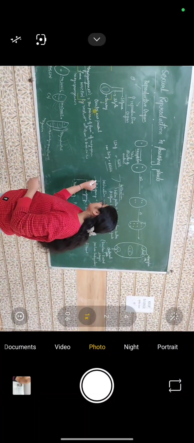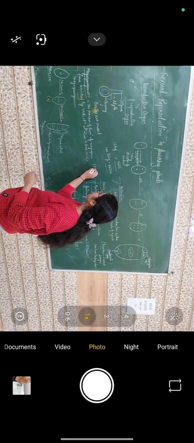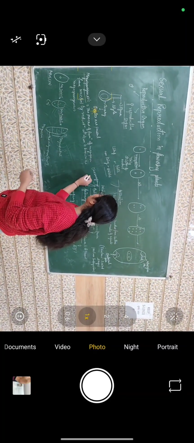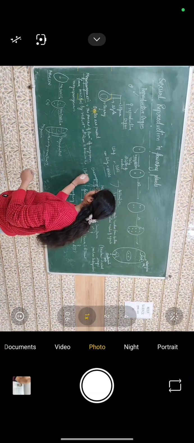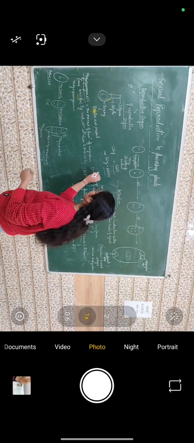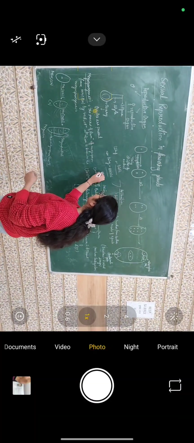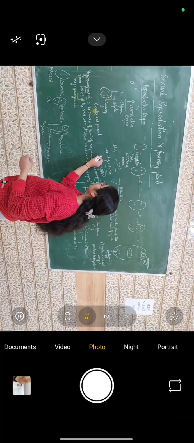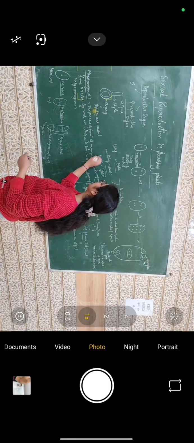And autogamy also has two types. One is the chasmogamous flower and one is the cleistogamous flower. So basically a chasmogamous flower always remains open. So if the flower always remains open, then the anther is always present in the environment.